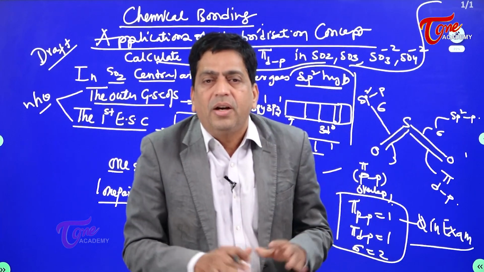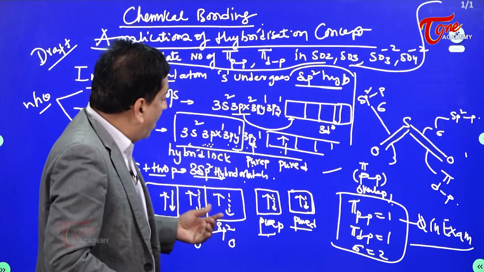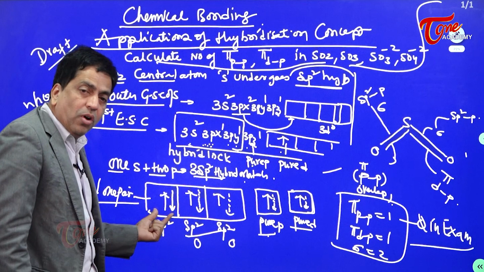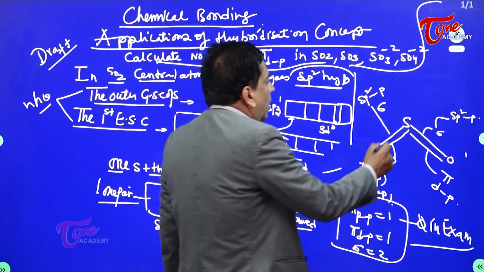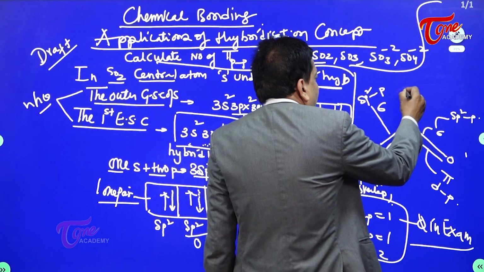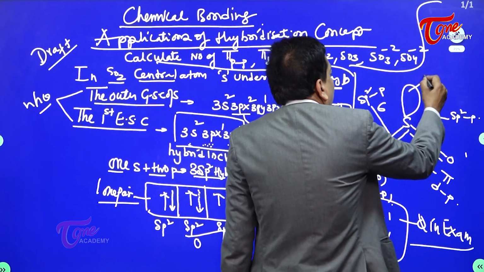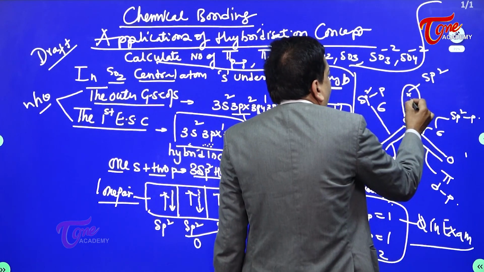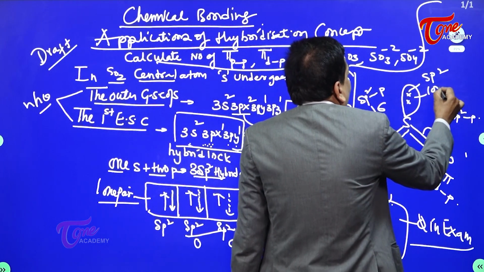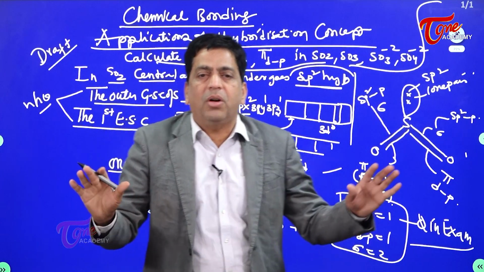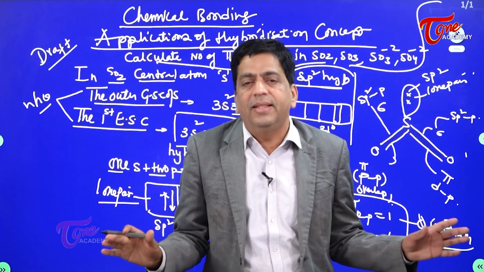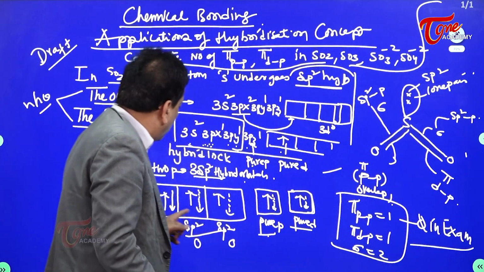You must understand. Now people might ask me one thing. What happened to this? This is a paired electron. Where is it? You can show it here, and this is how it is. This is one sp2 which is occupied by a lone pair. So if you wanted to count the number of sp2 hybrid orbitals involved in this hybridization, total sp2s are 3.